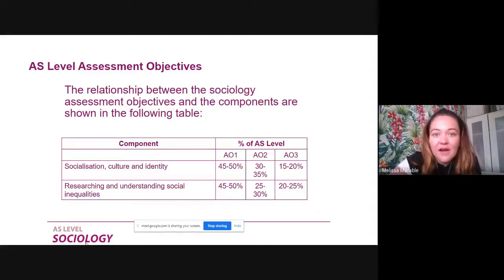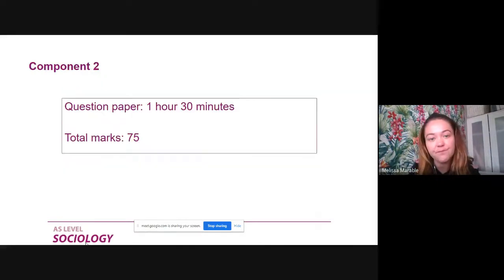So the easier marks, just regurgitating subject knowledge, AO1, is worth 50% of your paper. That is the same for paper 2, researching and understanding social inequalities, 45–50%. Your application is slightly lower, 25–30%, and your analysis and evaluation is slightly higher, 20–25%.